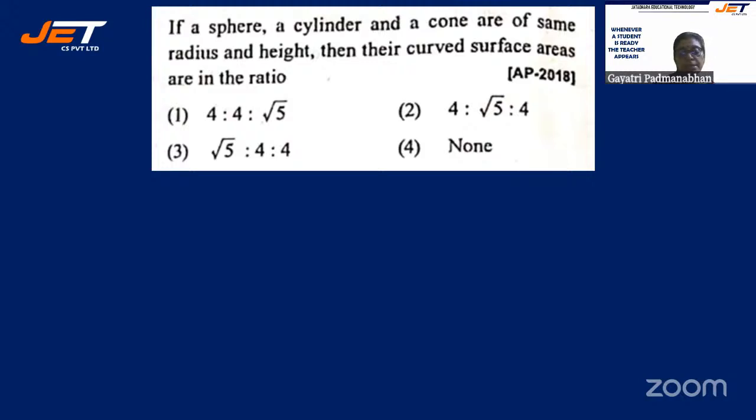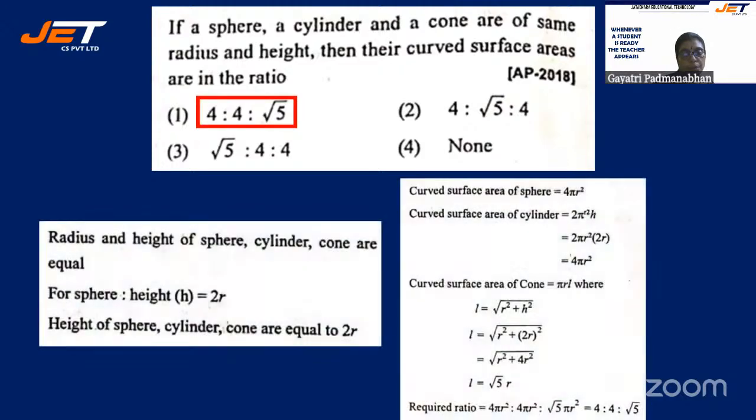So the answer is option 1. How? See here. Radius and height of sphere, cylinder, cone are equal. So for sphere, h is equal to 2r, because height of sphere, cylinder, cone are equal to 2r.